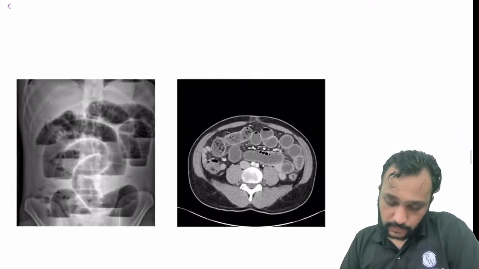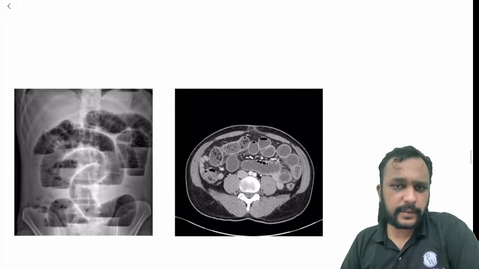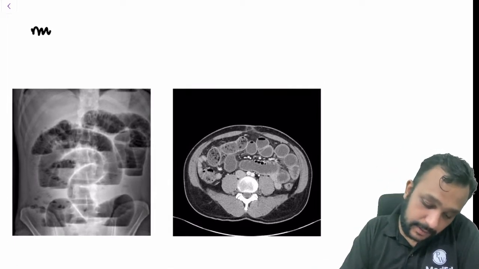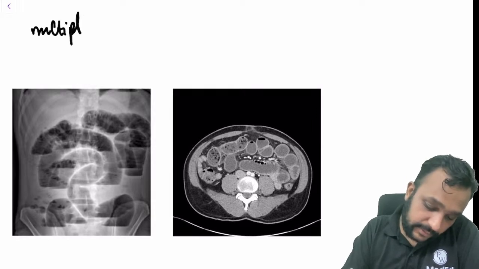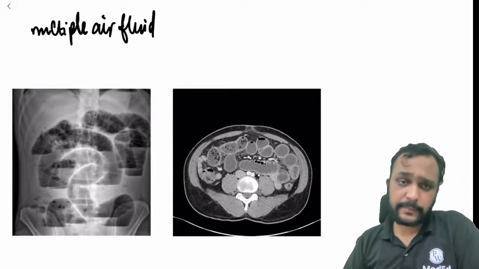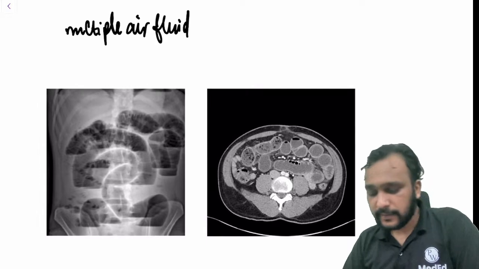So now, guys, talking about this image. In this image we can see that there are multiple air fluid levels. Multiple air fluid levels are seen in patients with obstruction, right?